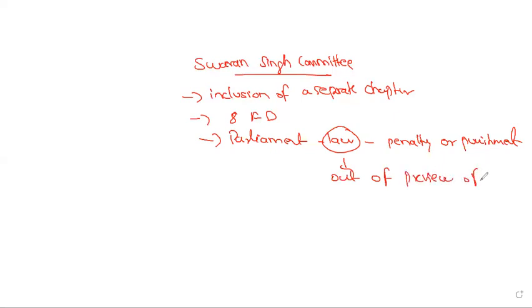That means the judiciary cannot interfere and ask why you have decided such a punishment. Then they said that the duty to pay taxes shall also be included as a fundamental duty. So these were the recommendations of the Swaran Singh Committee.